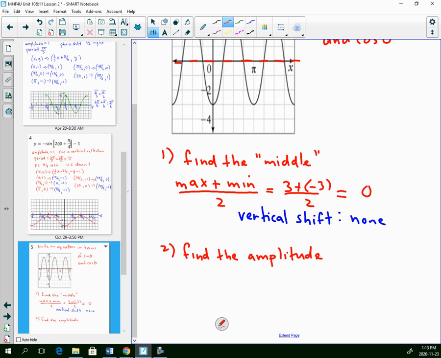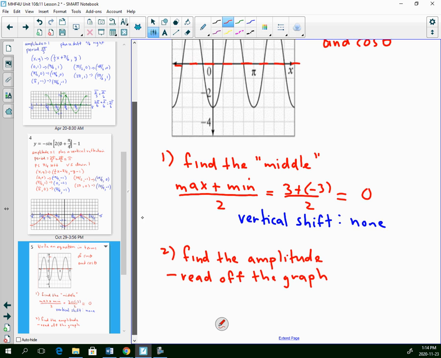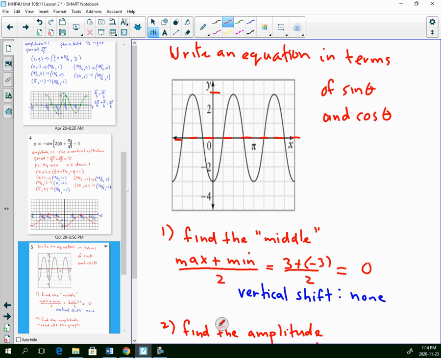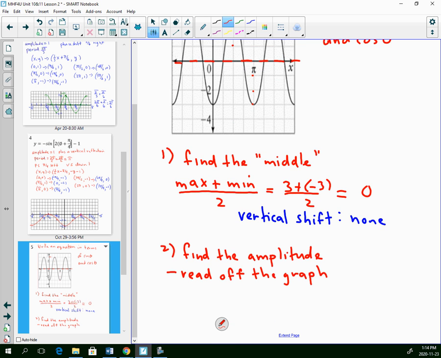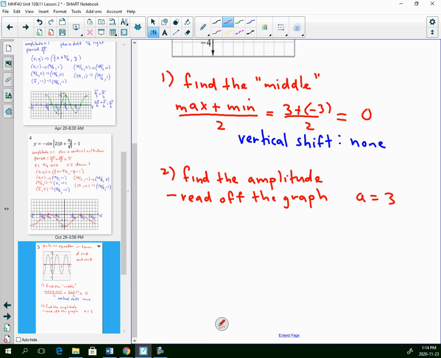You can do that 2 ways. You can read off the graph. Once we know where the middle is, then we can just count. Right, so I can say, okay, the middle is 0, the top is 1, 2, 3, the bottom is 1, 2, 3, so I can see that the amplitude is 3. Or if you're a formula kind of person, because some people like formulas, you can find the difference between the maximum and the minimum and divide by 2.